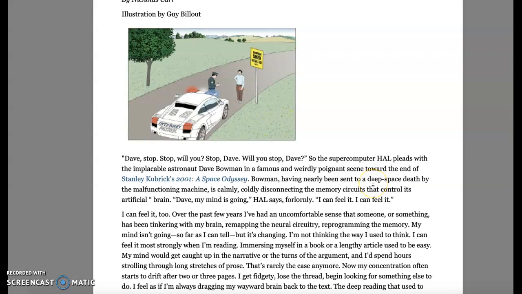So this is maybe what you might write in the margins of this article that you printed. After you read this first paragraph, you might write, film example that shows how a computer becomes smarter than a human. Okay?